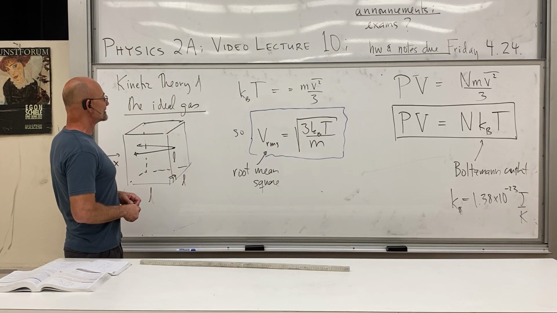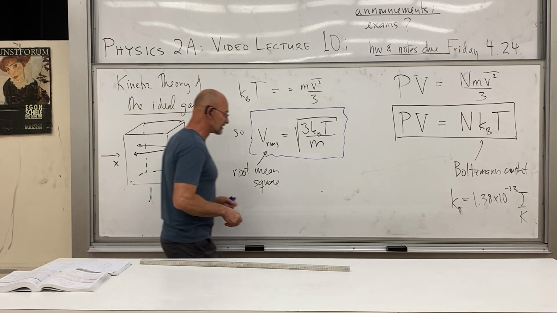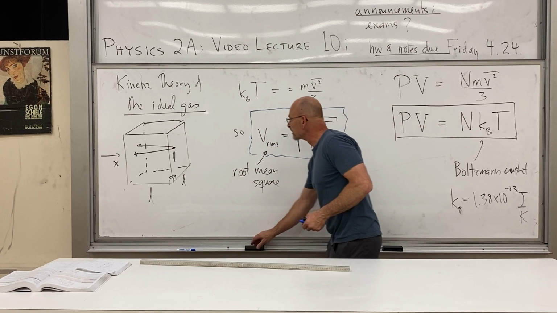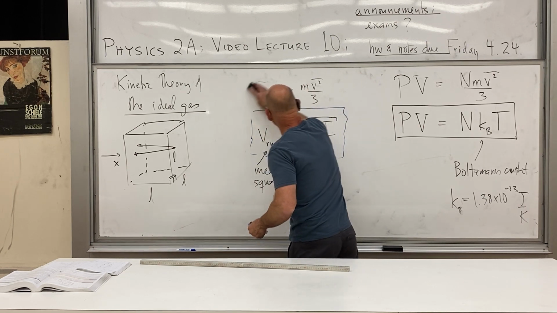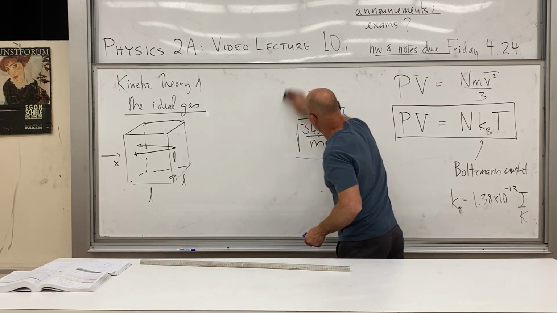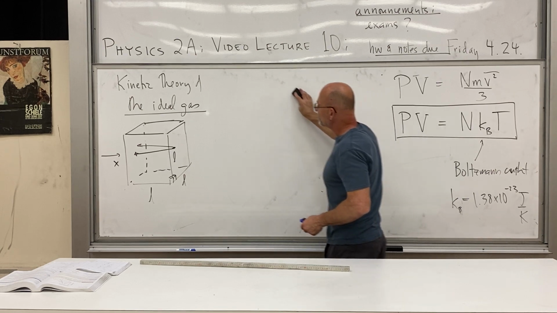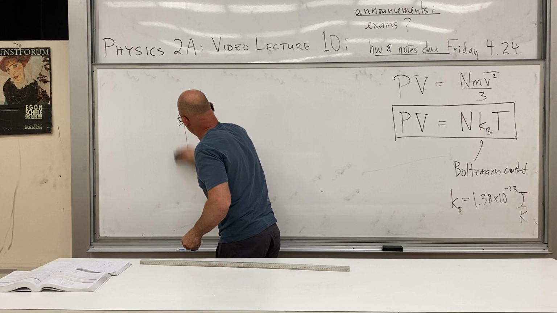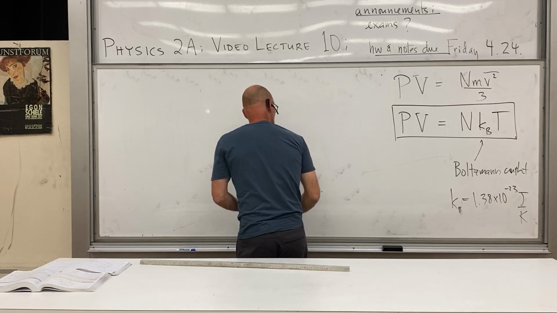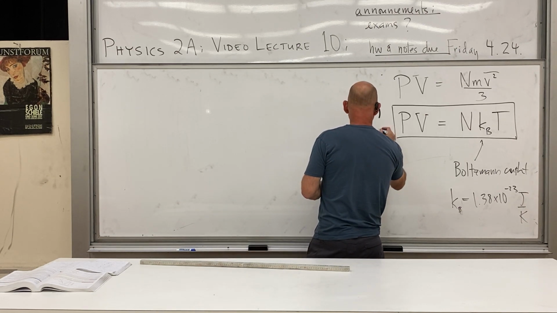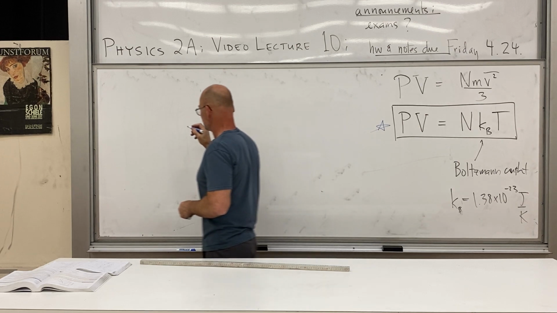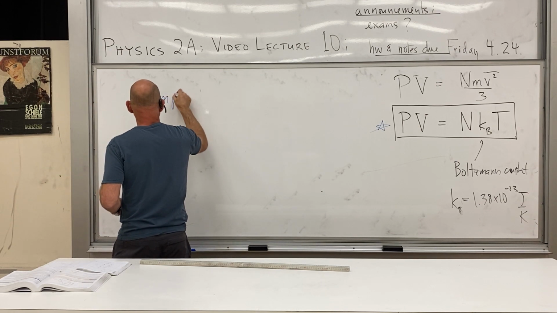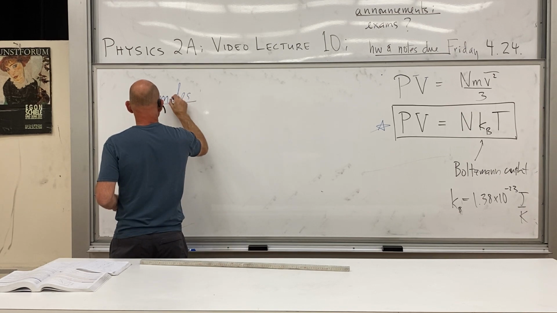Okay, so how are we going to use the ideal gas law? Now that we've done this, let's just give a couple of examples of how we're going to use this. In fact, I'm going to assign this as a homework problem.